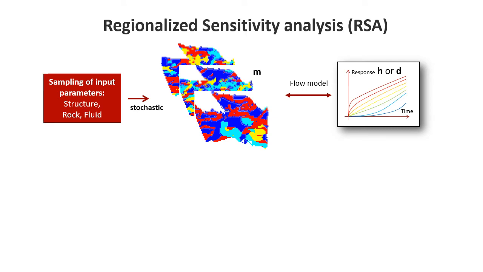Here we're now turning to the second method for global sensitivity analysis, which is called regional sensitivity analysis, and has some other variations. So again, we rely on Monte Carlo by generating multiple model realizations and performing some forward modeling, either the data response or the prediction response.